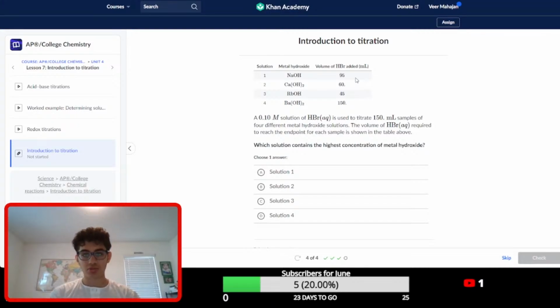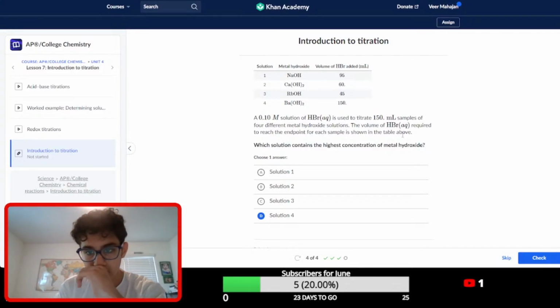It's the same volume of each of the metal hydroxides. So I'm guessing already it's the one where you're adding more acid, because that means there's more base in your solution, right? Well, actually, wait, there could be one more thing. The highest concentration of metal hydroxide.